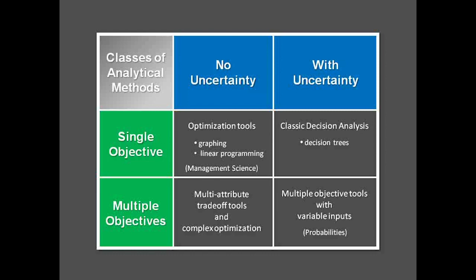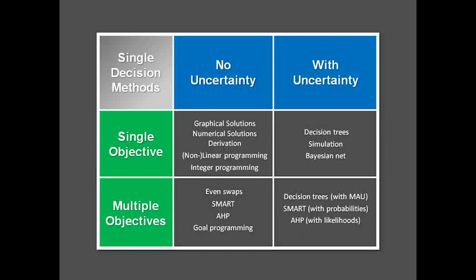We can look at this graphic that's useful, and what we are looking at basically is a table that considers whether or not we have a single objective or multiple objectives, and considers whether we have uncertainty or whether we can ignore any uncertainty that we have, and so we basically can treat it as a situation where there's no uncertainty.